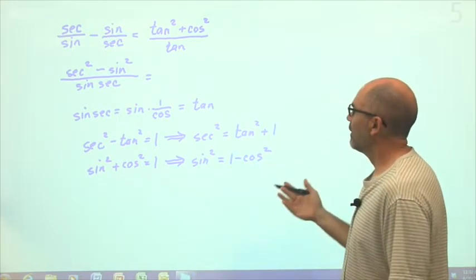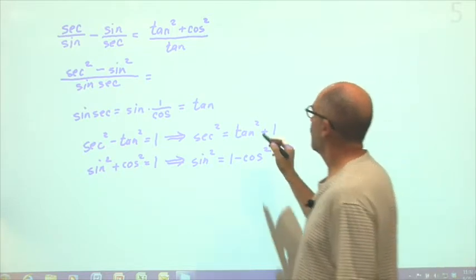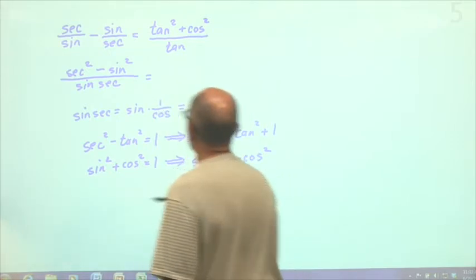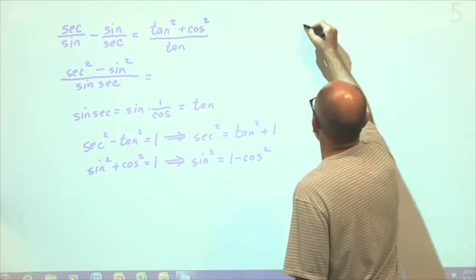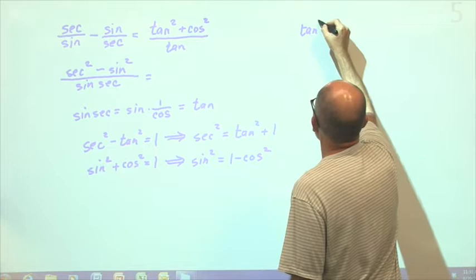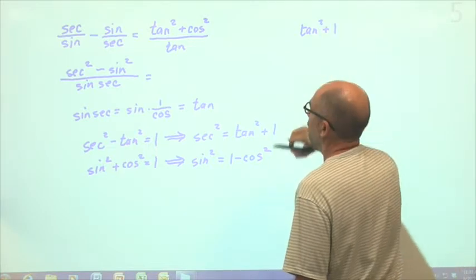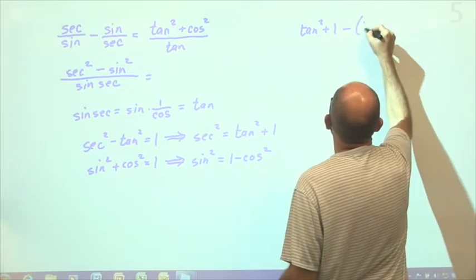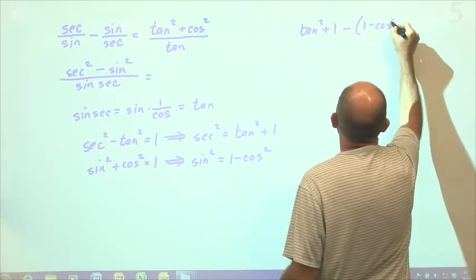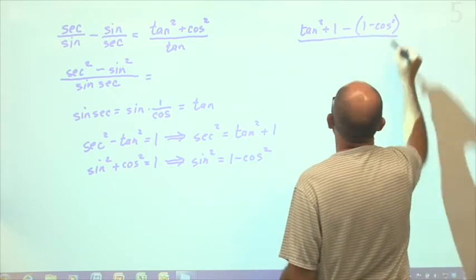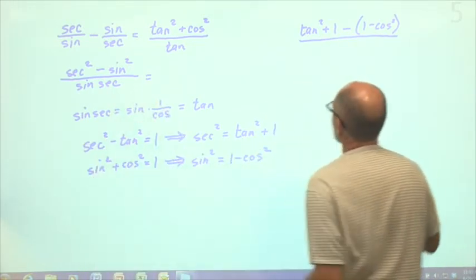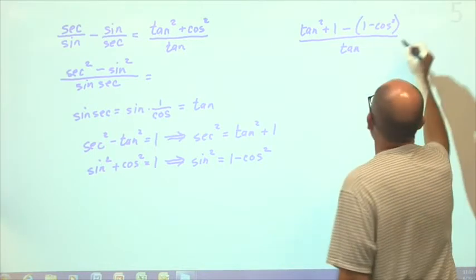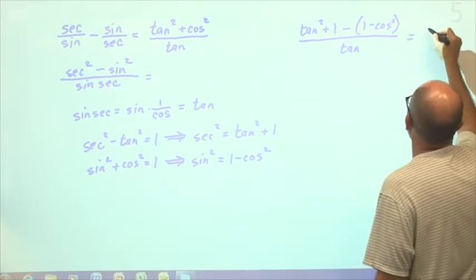All right, so now I have all of my substitutions. I'm going to substitute secant squared for tangent squared plus 1. So that gives me tangent squared plus 1, minus sine squared, so that's minus (1 minus cosine squared), all over sine times secant, which we said is tangent. And I'm just going to recopy the right side.